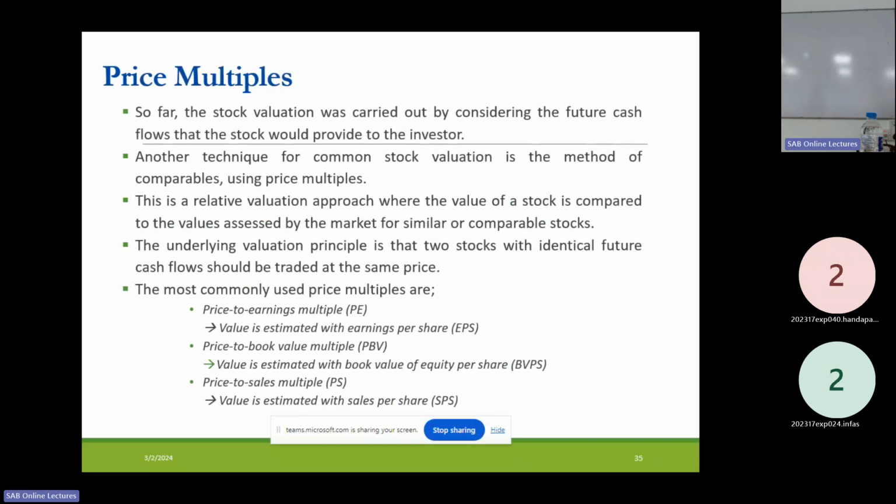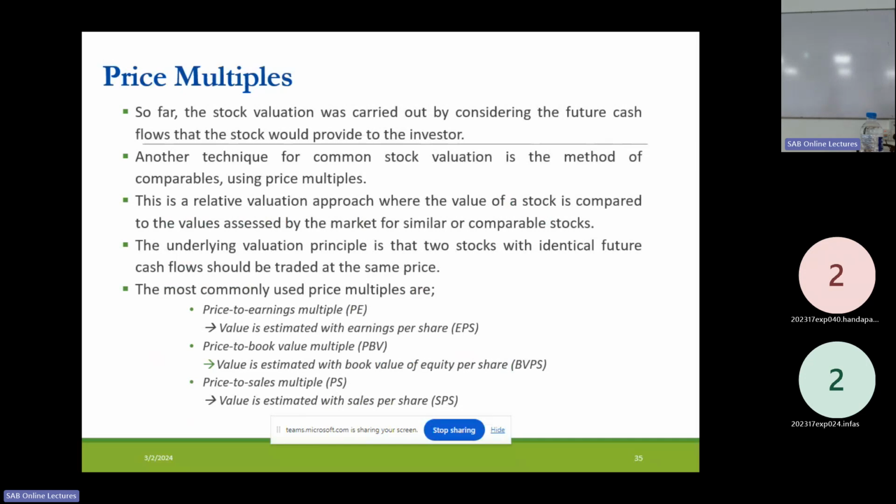We can use price to earnings multiple, price to book value, price to sales, price to EBIT, and so on. If you go to the recommended textbooks or reading chapters, you can see there are many price-based multiples. This is a relative valuation approach where the value of the stock is compared with the values assessed by the market for similar comparable companies.